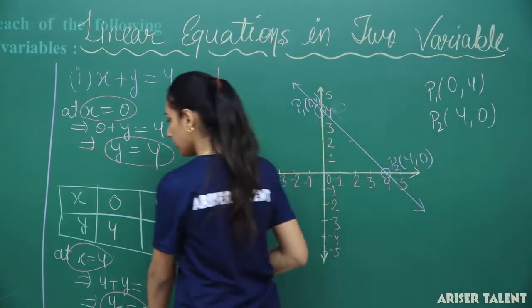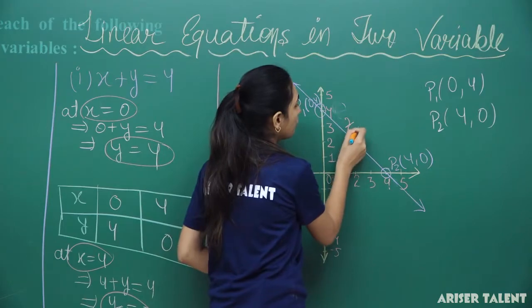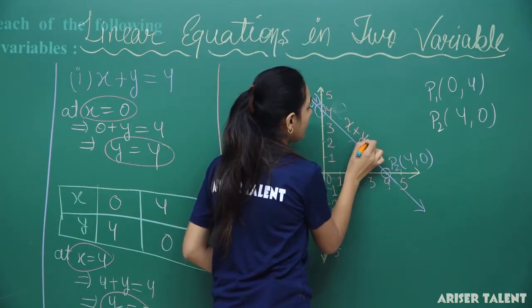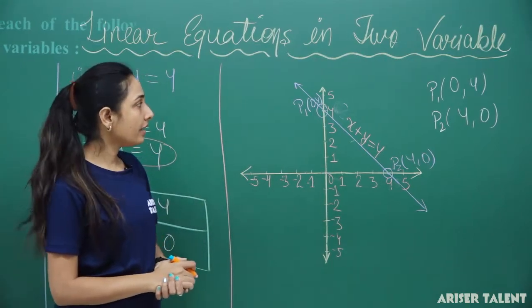This line is what? This line is x plus y equals to 4. What is this line?